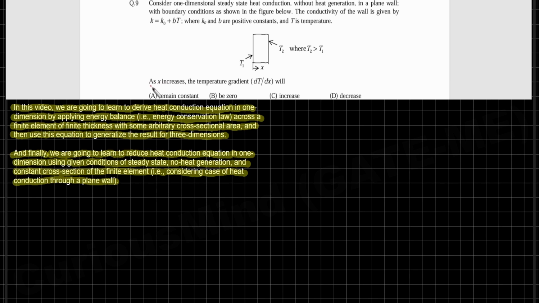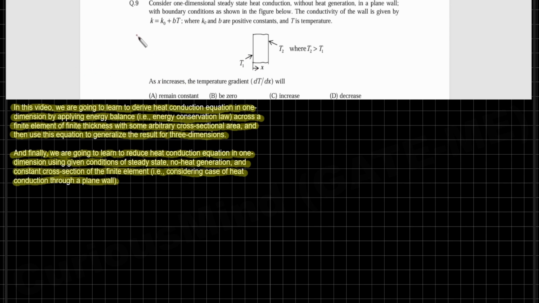Now moving further, as x increases, that is, as this position x increases, the temperature gradient will... Basically, what this question is asking is how this temperature gradient varies as x increases.